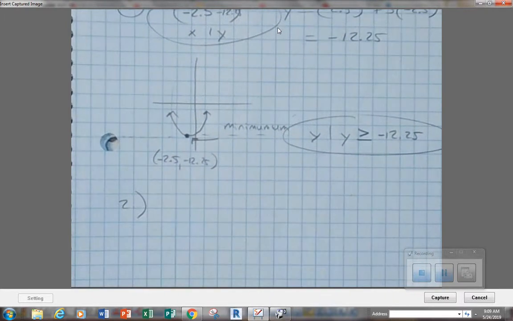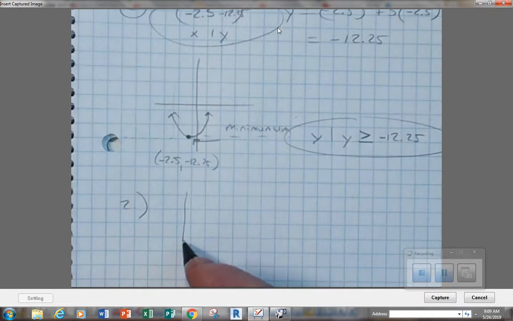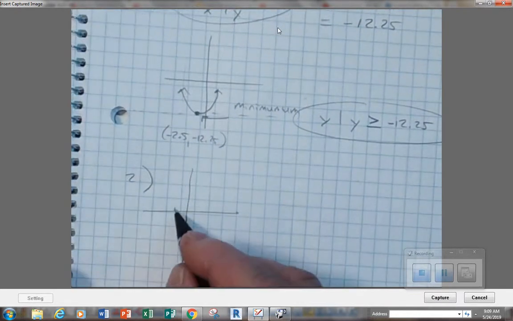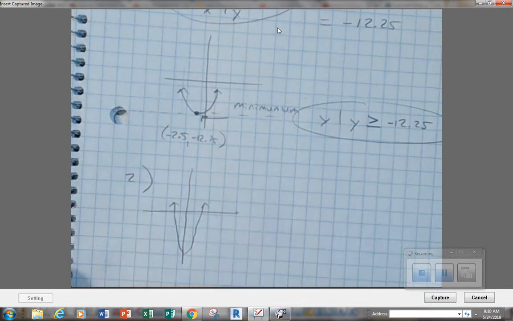This says which one corresponds to the graph shown. I'm looking at that graph on your study guide, and the way it's drawn, it goes way down here, a little bit to the right.